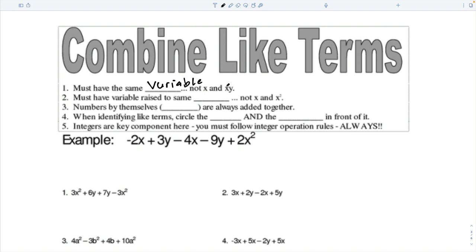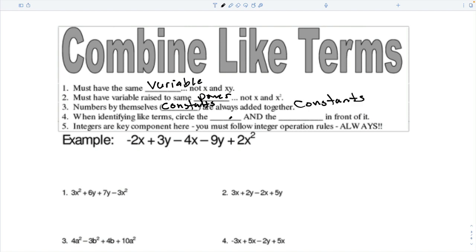These are different terms. You must have the variable raised to the same power. You can't have x and x squared combined. Those are different terms. Numbers by themselves are also called constants. If you run out of room, you can just write it to the side here.